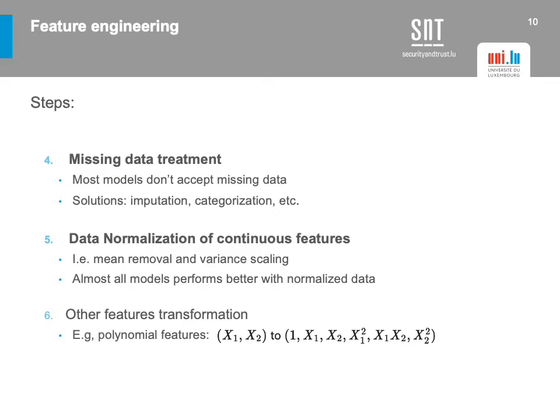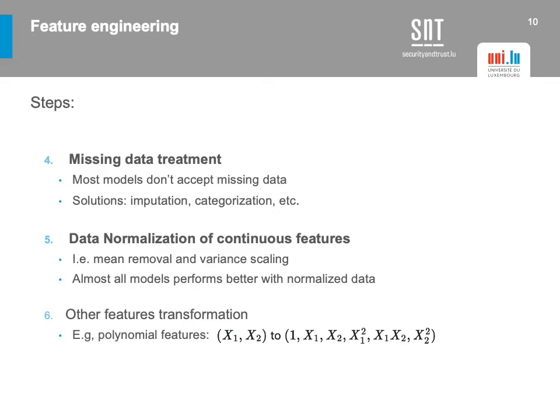If you have features that take very small values and another that takes crazy big values, for most models it's really hard to come up with appropriate parameters. So data normalization of continuous features helps a lot.